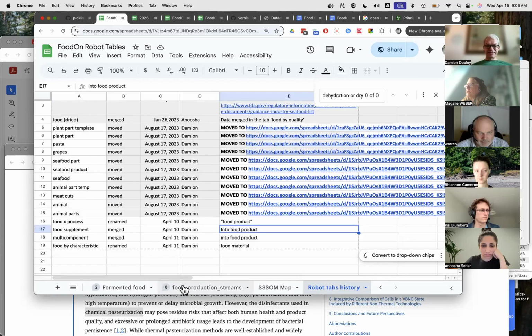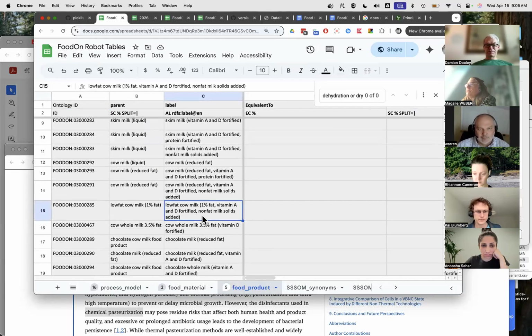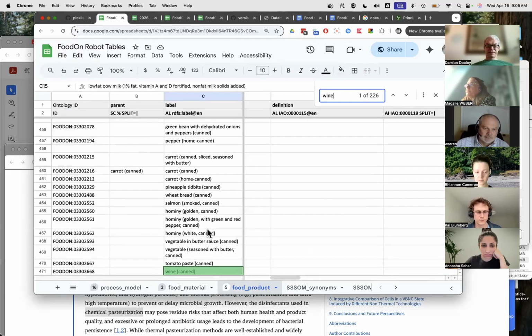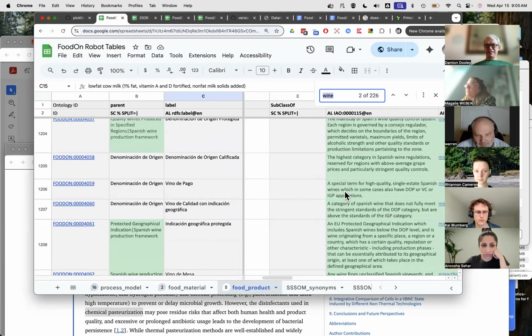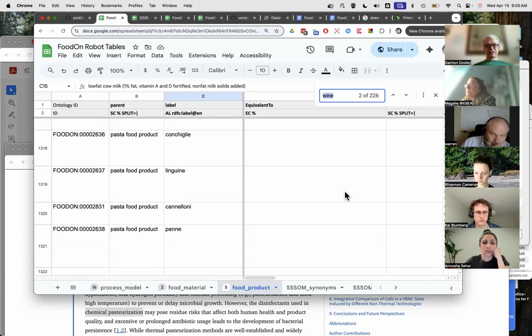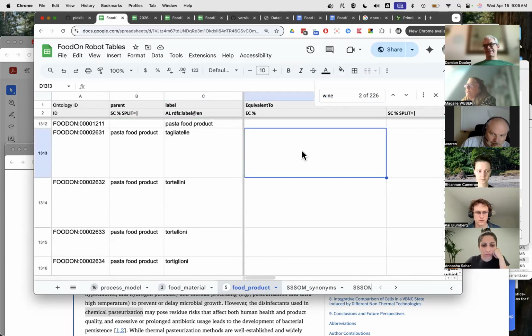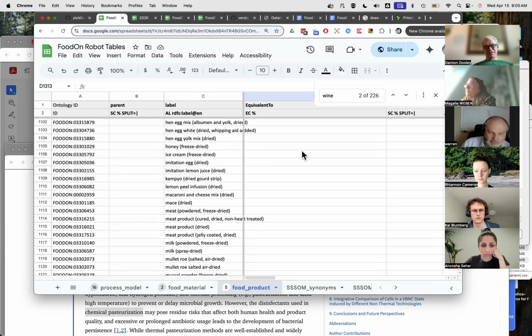But suffice to say, for food product, it now has the wines down here in various places, and it now has the pastas down at the bottom. And so we can add more pastas and wine and so on, foods that have some kind of process quality to them. Now, dried is a little bit of a debatable thing. I'll get back to that.